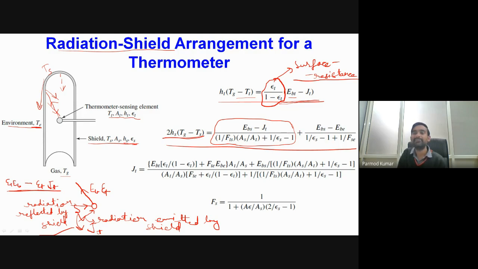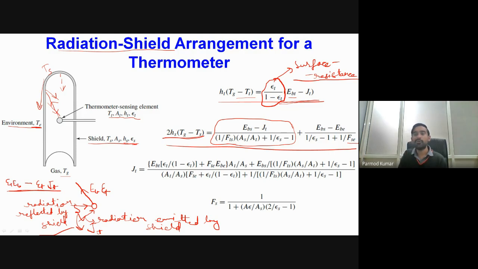Then we have plus EBS minus EBE, where EBE is the emissive power of the surroundings, and FSE refers to the view factor from the shield to the surroundings.